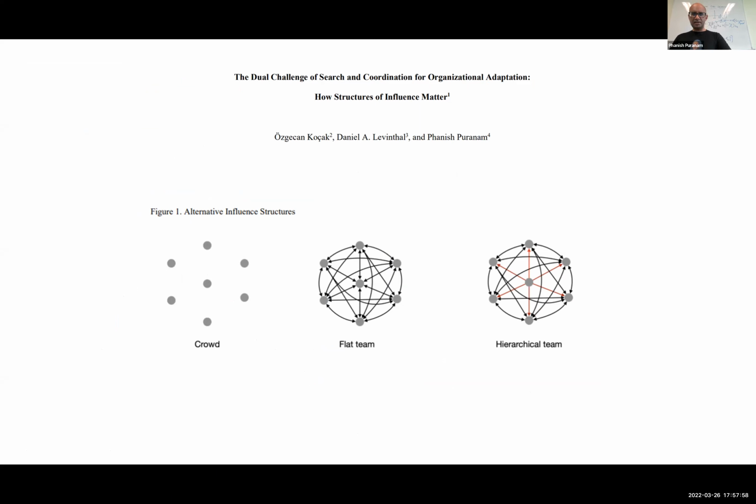So if it's like a crowd structure where there's no dependence at all, that is the same as saying Chi is 0. If it's a fully connected structure like the flat team, with the dependence structure being saturated, that's this equation, where Chi is non-zero. How do we now flip this and use the same network structure to understand the effect of beliefs of one actor on the beliefs of the other? You've already seen that.